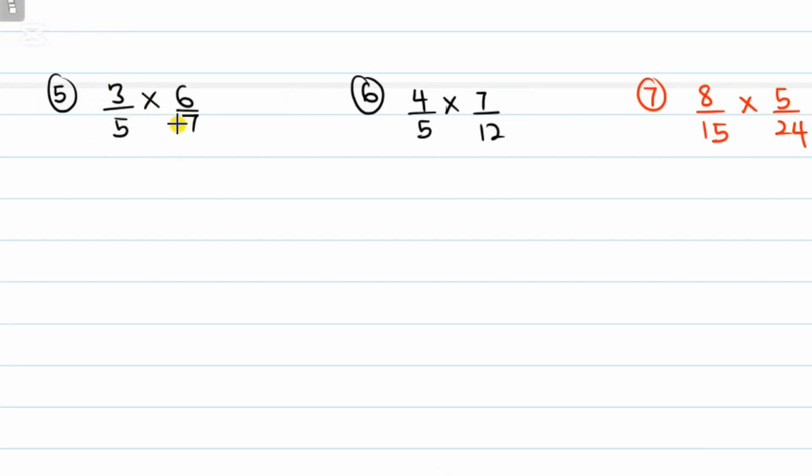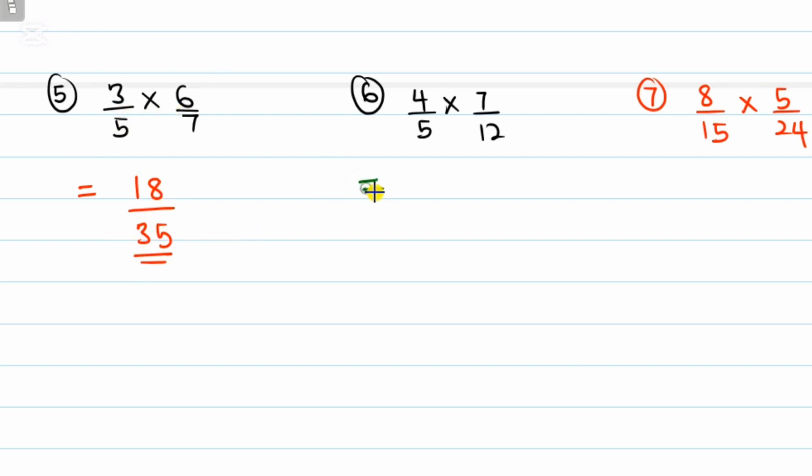You can see there is no common factor, so immediately we can do our straight across multiplication. 3 multiplying 6 is 18, and 5 multiplying 7 is 35. Usually you are expected to take this to the lowest term, but because there was no common factor originally, this is already in its lowest term.